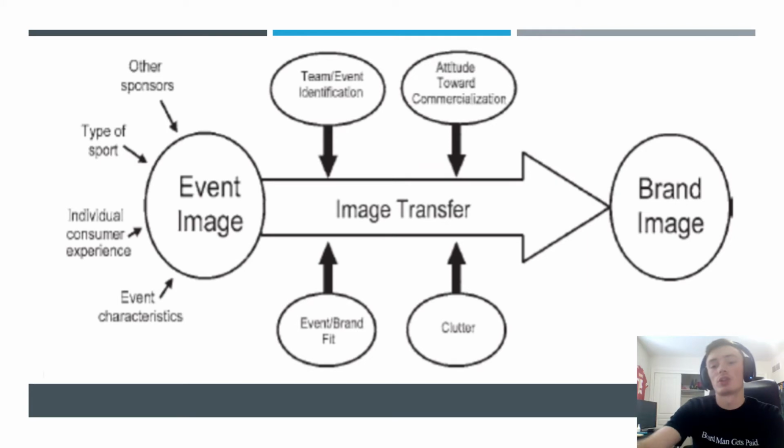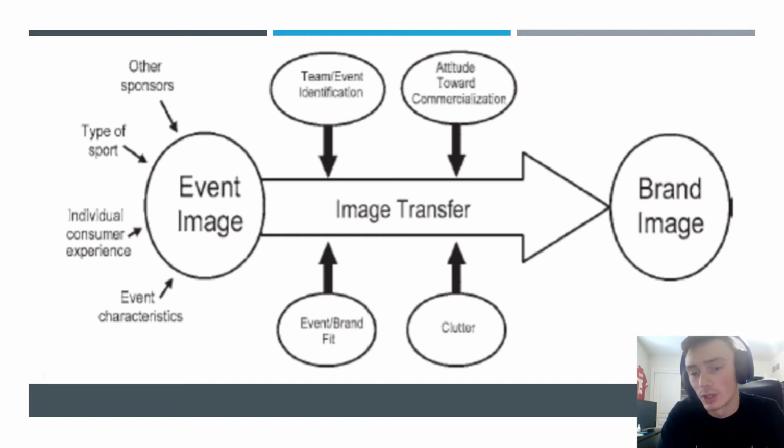Then you have the image transfer going on in the middle of the model, with four external forces having an influence on it: identification, people's attitudes towards commercialization, the fit of the sponsorship, and the clutter among other sponsorships. Like, is it sponsorship soup, could you say? And then that transfers back onto the brand image on the right.